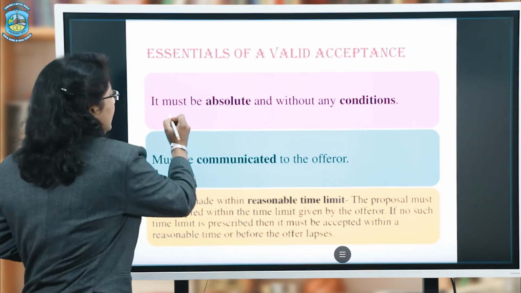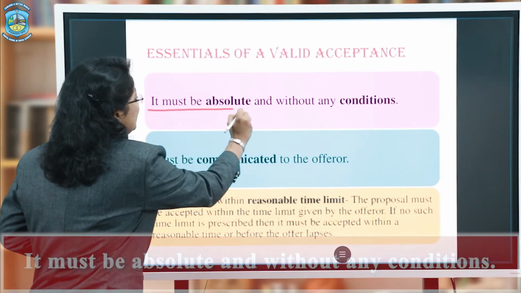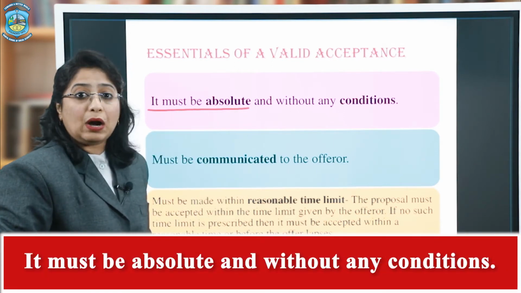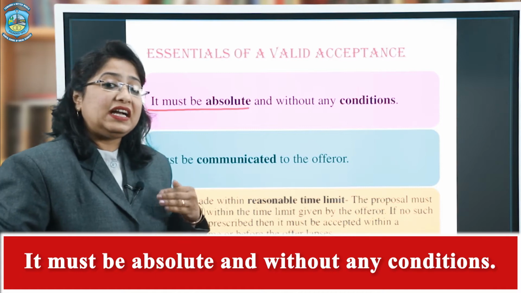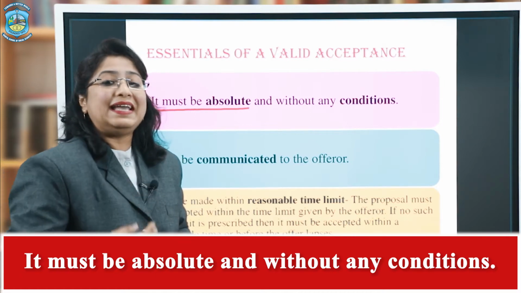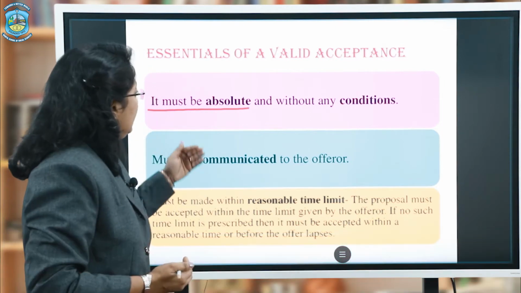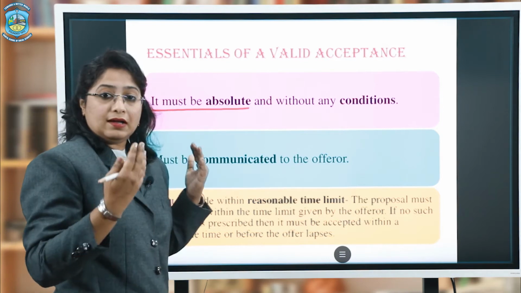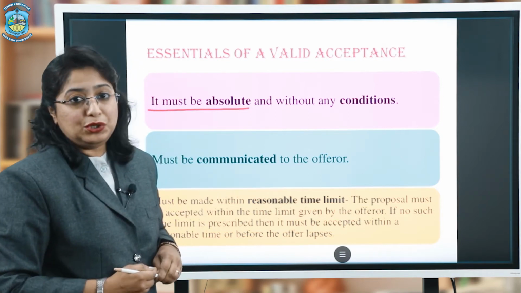The first thing is that the acceptance must be absolute and without any conditions. If any condition is put forth by the acceptor, then the entire offer becomes a new one.